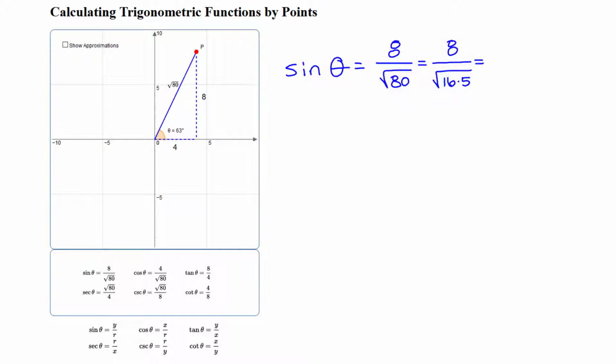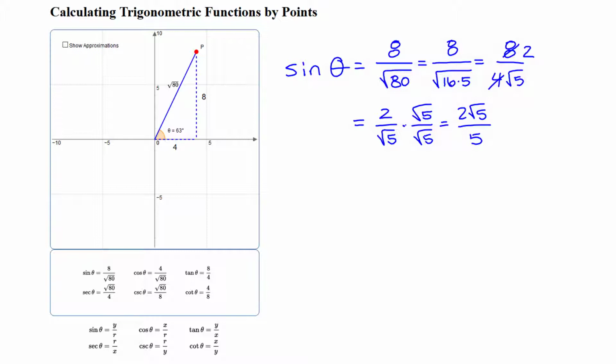The square root of 16 is 4, so I can pull that out. 4 goes into 8 2 times, so this would be 2 over the square root of 5. If I multiply this by the square root of 5 over itself, that rationalizes the denominator and gives me the simplest answer.